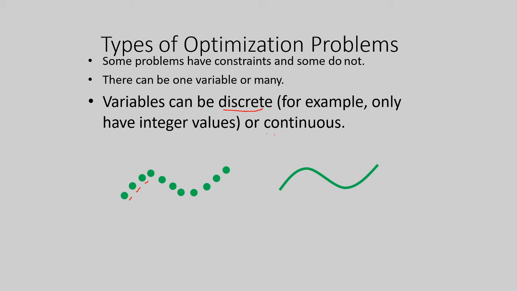When we talk about continuous values, this is a representation of continuous signals or values that can be passed as the input value. So the input could be discrete or continuous.